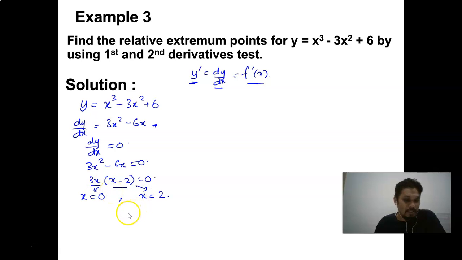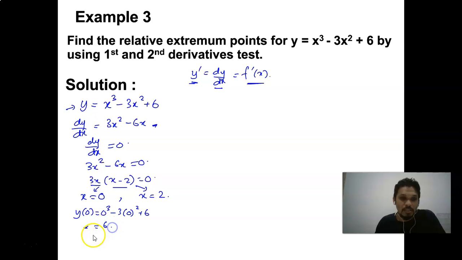Now, when x equals 0, substitute into the function of y: y equals 0 cubed minus 3 times 0 squared plus 6, which equals 6.